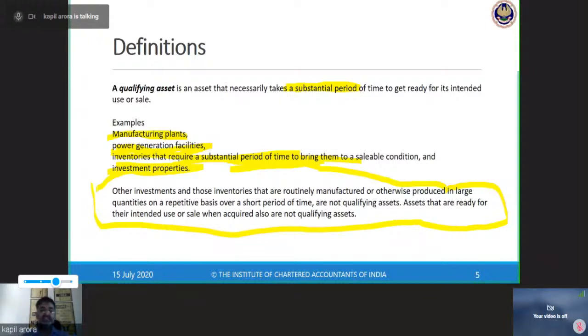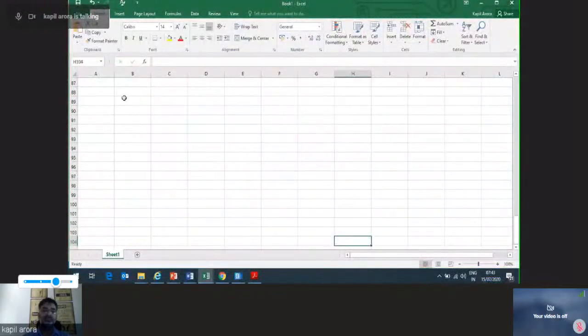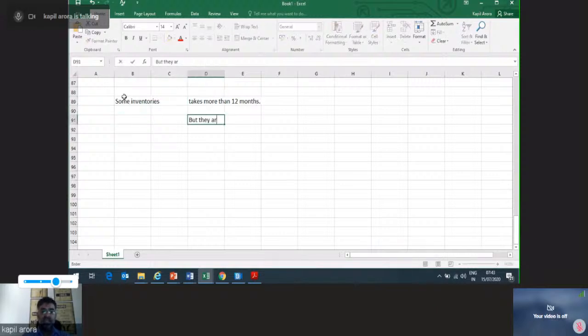So some inventories take more than 12 months, but they are manufactured in large quantities and on a repetitive basis.